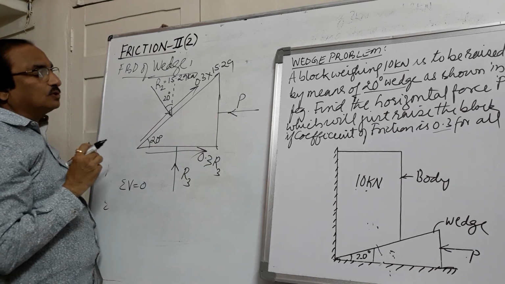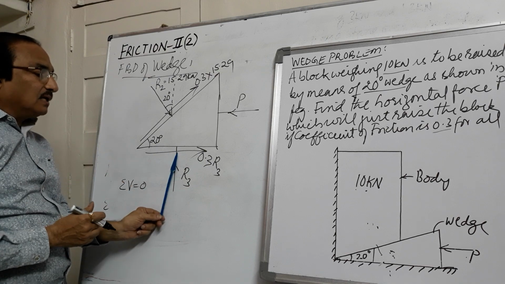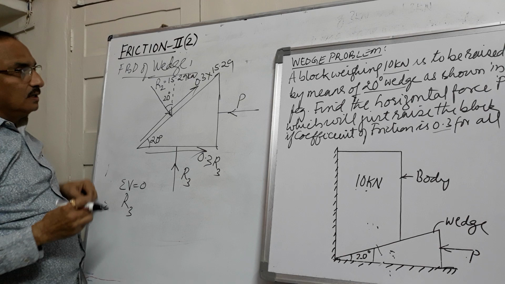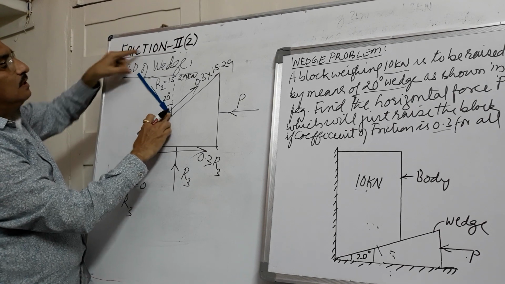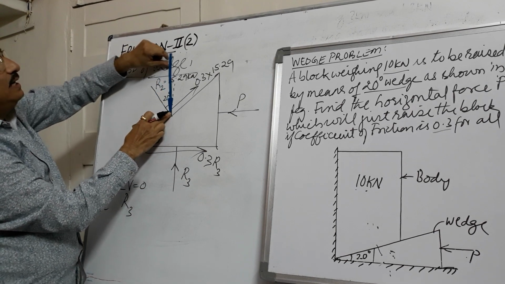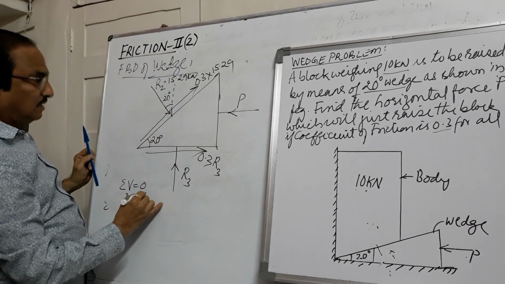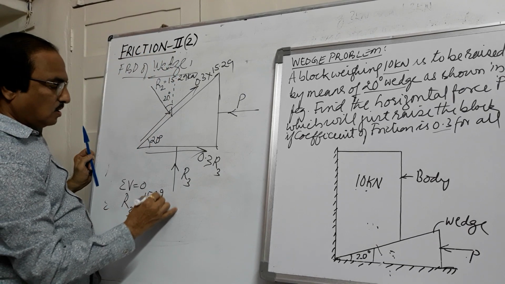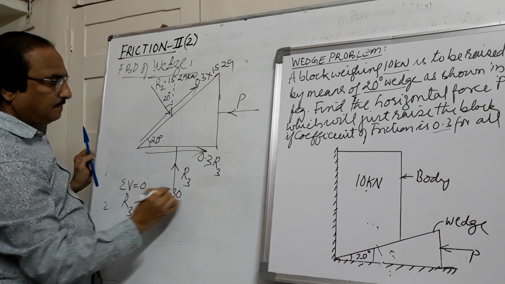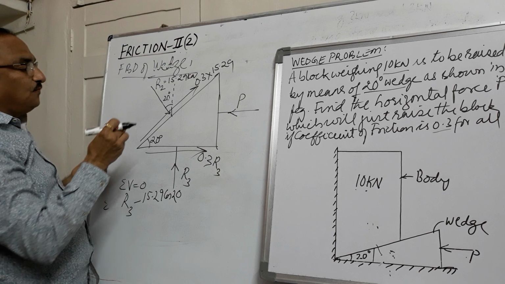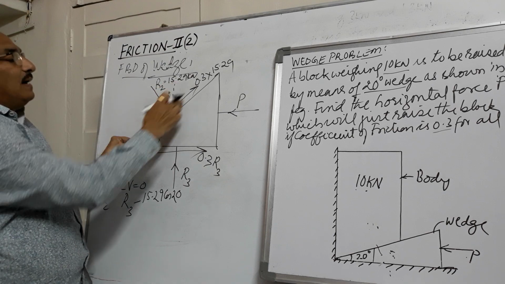You don't get the solution for that. So for that, R3 is acting vertically up, plus R3. Now this force, if I resolve it vertically, it is along the angle and it is going down, so it will be minus 15.29 cos 20. Now this force is acting parallel to the plane.